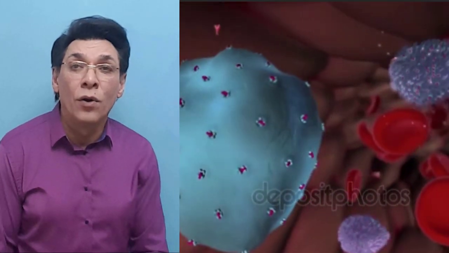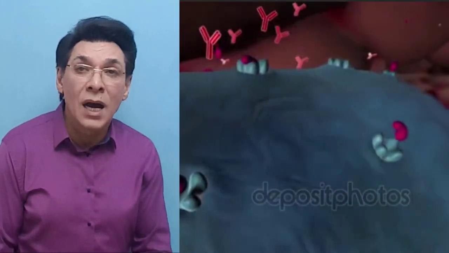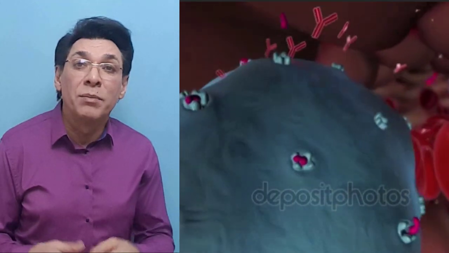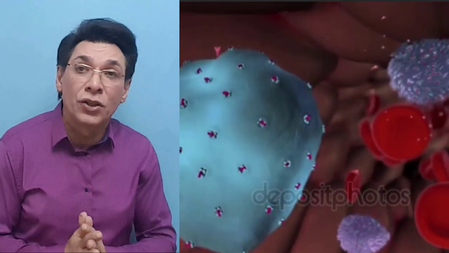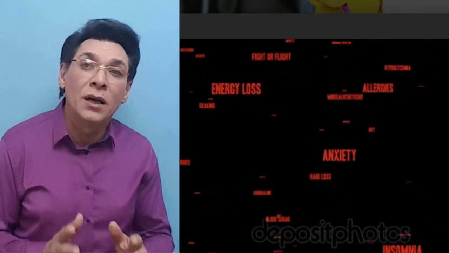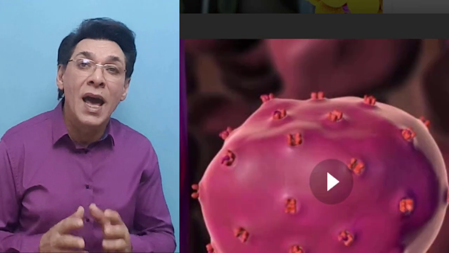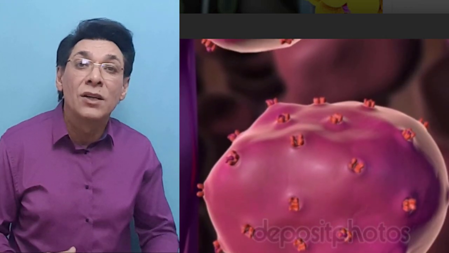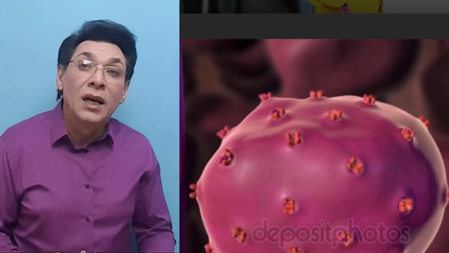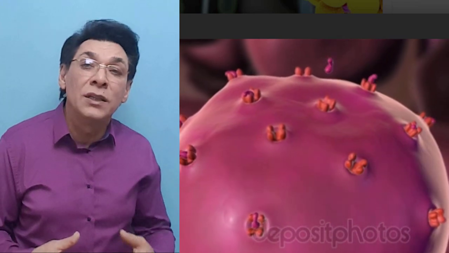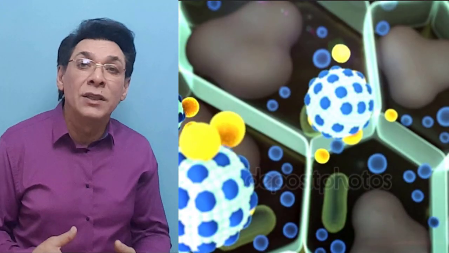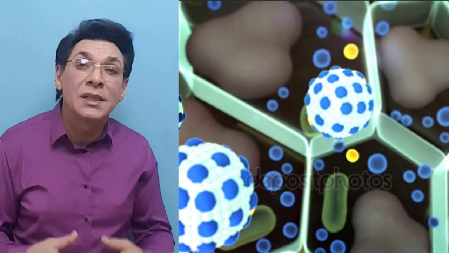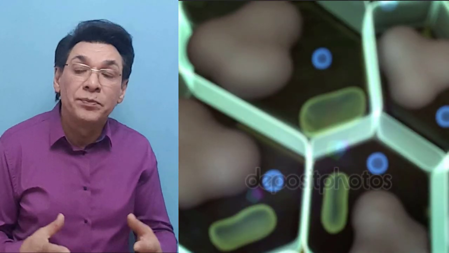The structure of hormones. Hormones are grouped based on chemical structure. The first group is amino acid derivatives, all derived from the amino acid tyrosine: epinephrine, norepinephrine, thyroid hormones and melatonin.